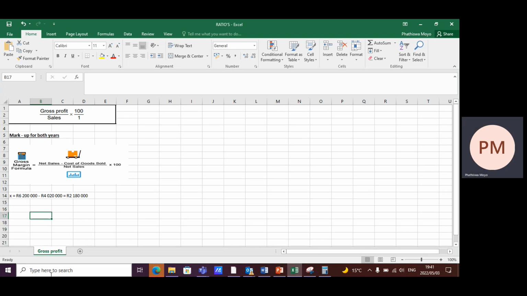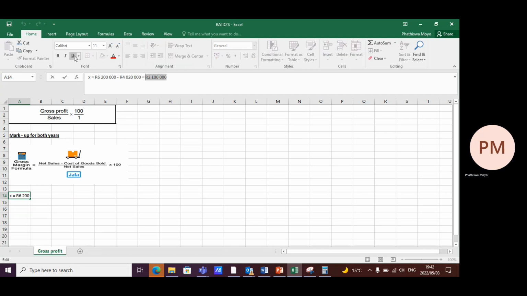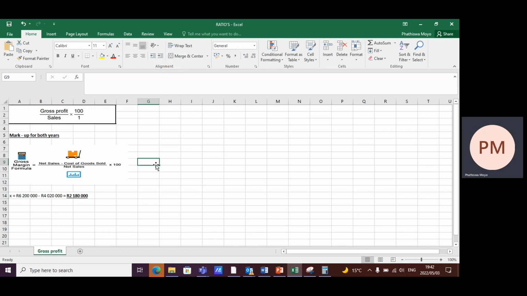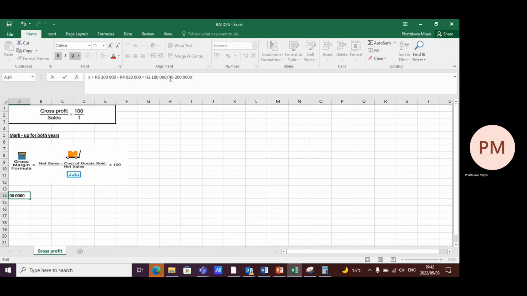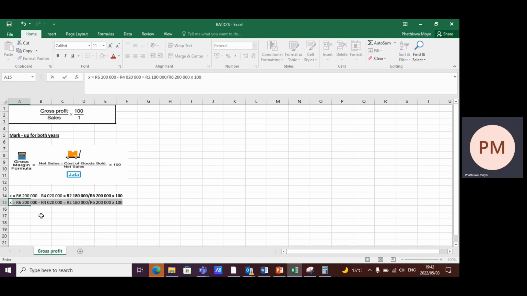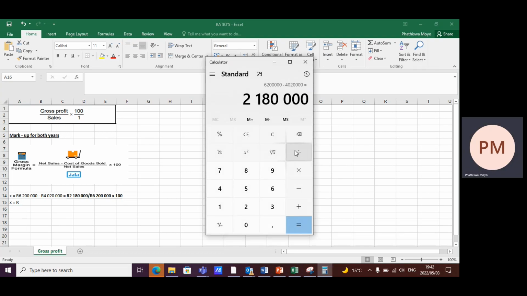So for gross profit, it will be x equals 35%.